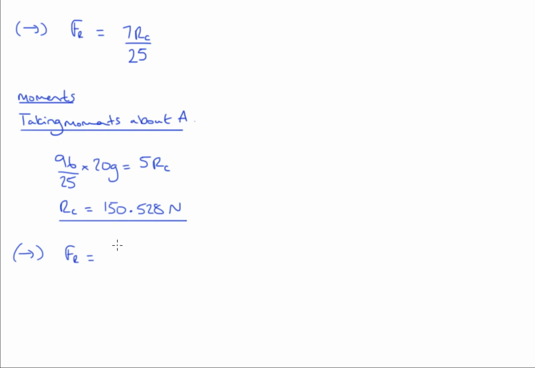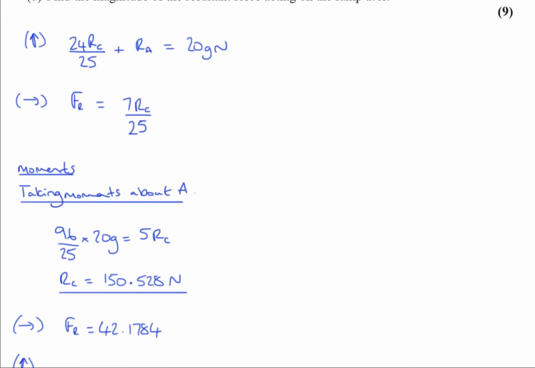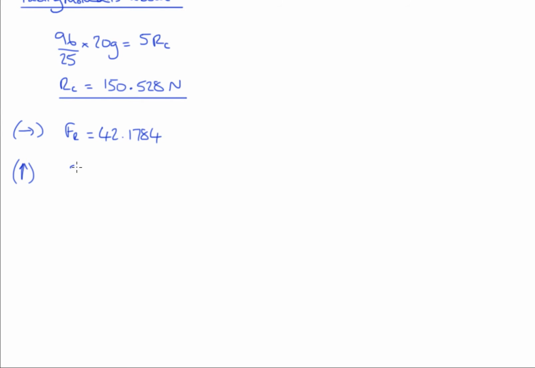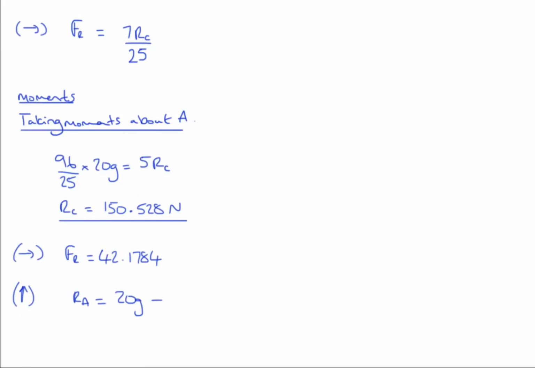We can now go backwards and find the friction. It's going to be 7/25 of that. That's 42.1784. And then we can go back and get RA finally as well. RA is going to be 20G minus 24 RC over 25.